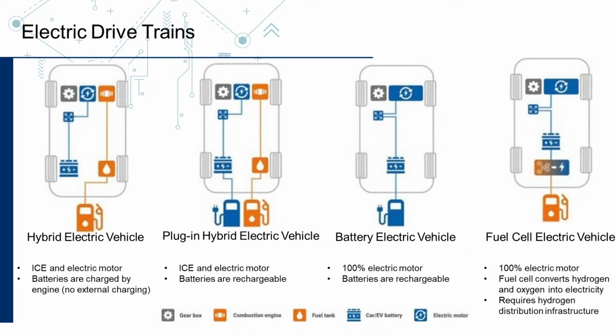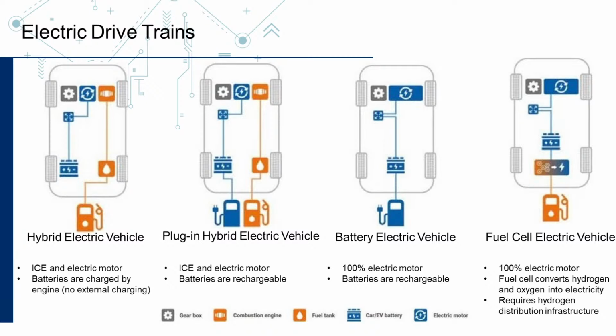These vehicles need to be charged through an electric outlet or some charging station, and can provide various ranges on a single charge depending on the battery size. So this is the battery electric vehicle. This is a 100% electric motor, that means entirely powered by the electric motor only.